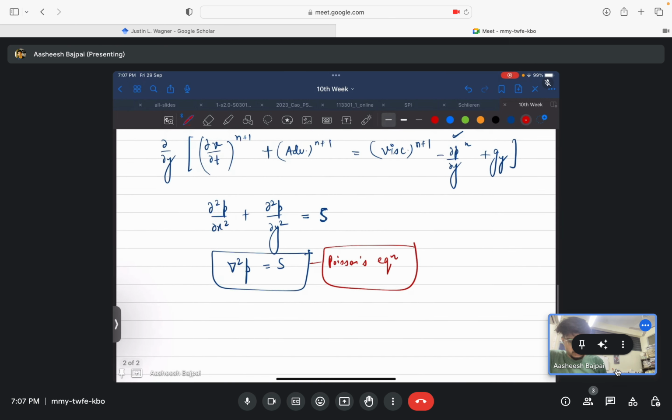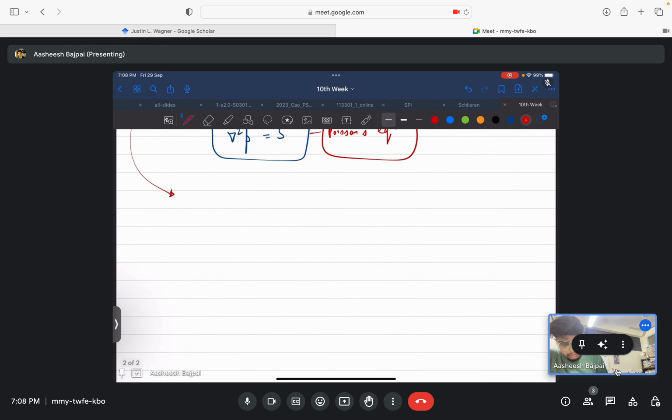So the thing is, why we are doing it. Because pressure is not varying with time in any of the equations.